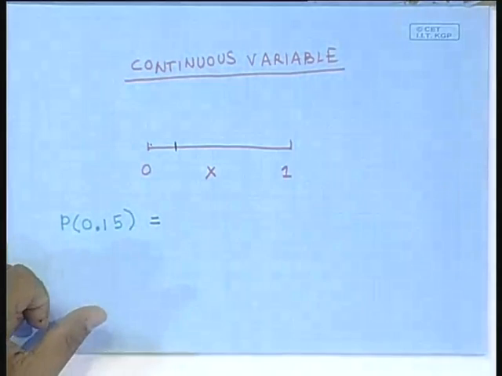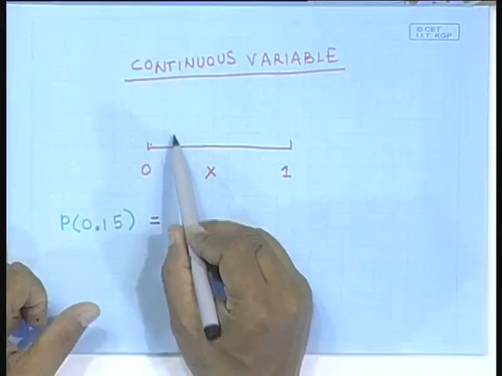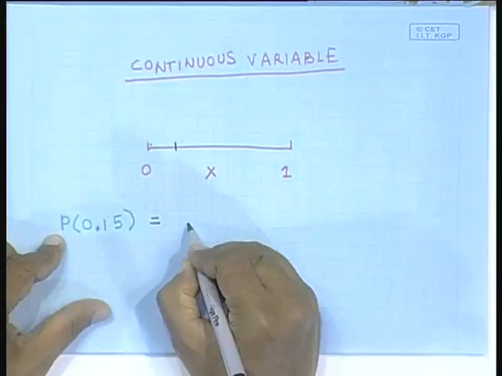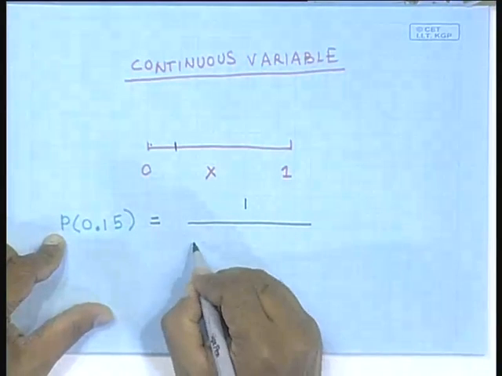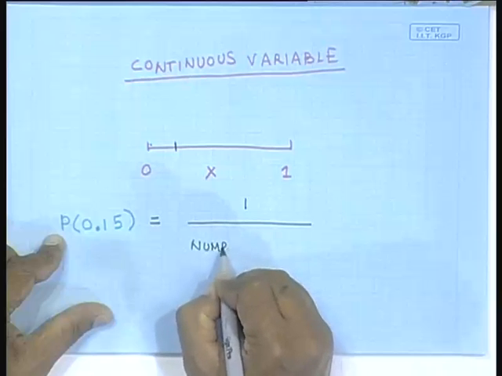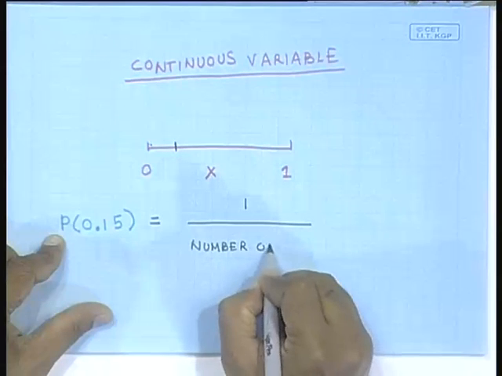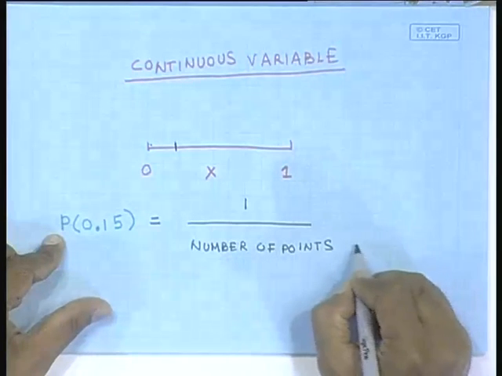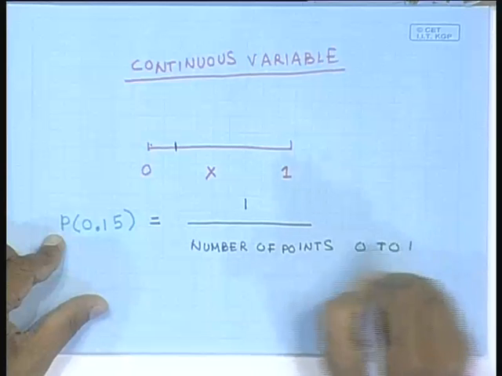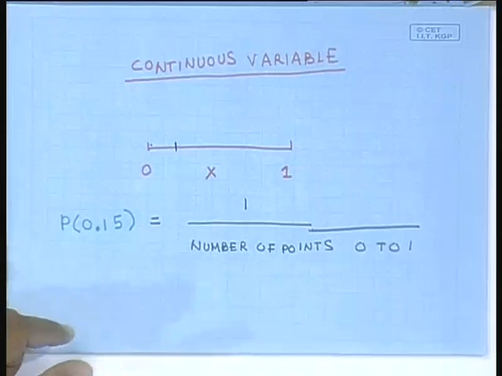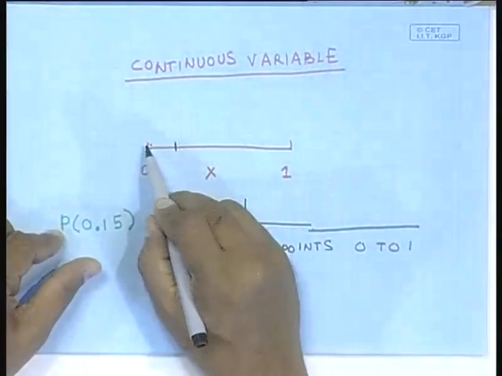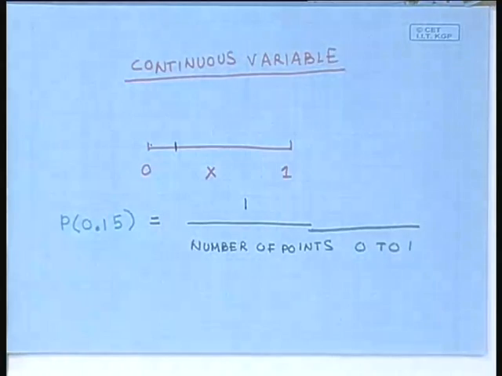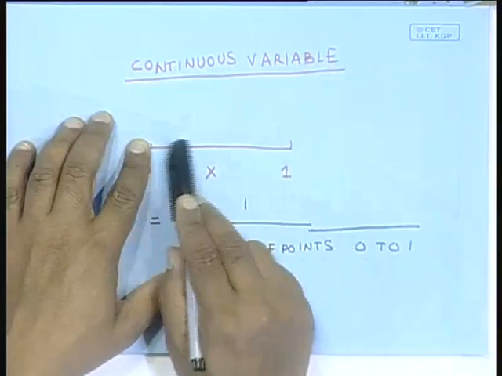So, what we have to do is count the number of successful events, the possible ways in which you can find the point here, which is only 1, and divide this by the number of points in the range 0 to 1. So, this is only one point amongst all the points that are there in the range 0 to 1. The particle can be at any of these points with equal probability.